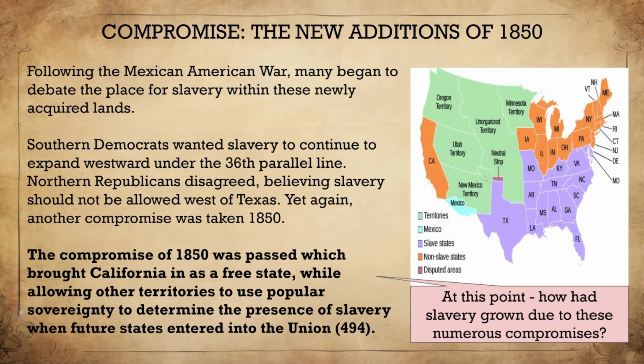A person trying to argue this for their final exam would have a whole plethora of factual evidence and historical events to argue that these continued compromises is what allowed the institution of slavery to continue.